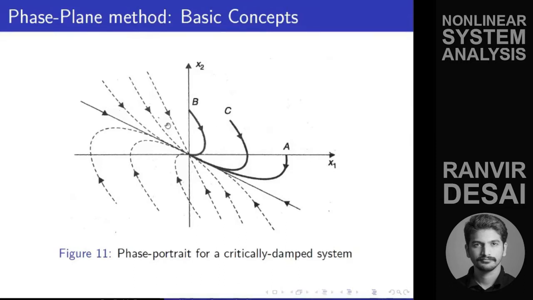But generally, the graph that you get will be in this fashion. As you can see, it is spiraling. Even if you take some other initial conditions, let's say in this quadrant, they will move in this fashion. So you can draw a plot in this way. This is called a phase portrait.